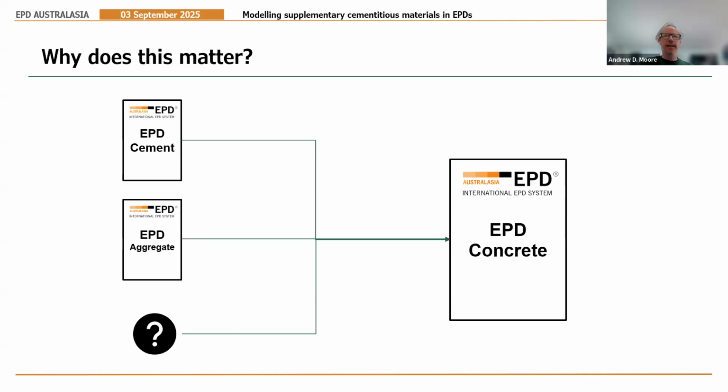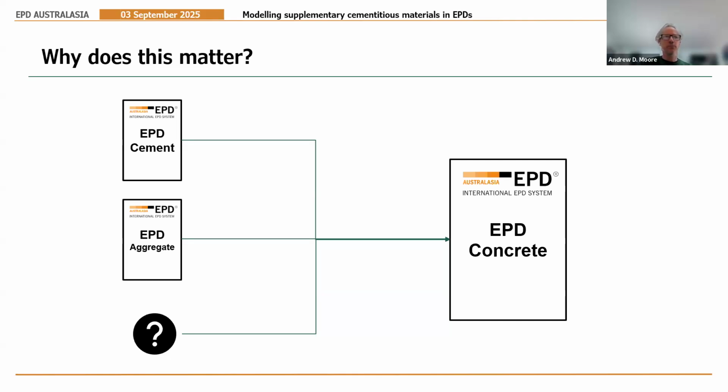So when it comes to producing a concrete EPD, the best data sources for modelling would be upstream EPDs for all of the products that go into the concrete. Ideally, you'd have a cement EPD, an EPD for your aggregate, and an EPD for the supplementary cementitious material.